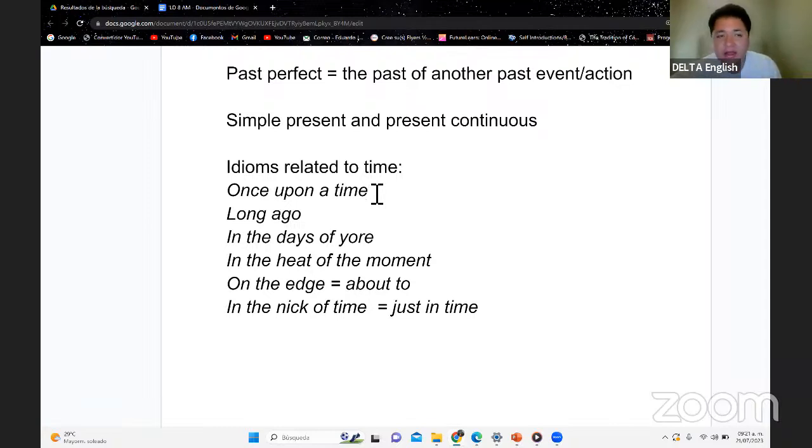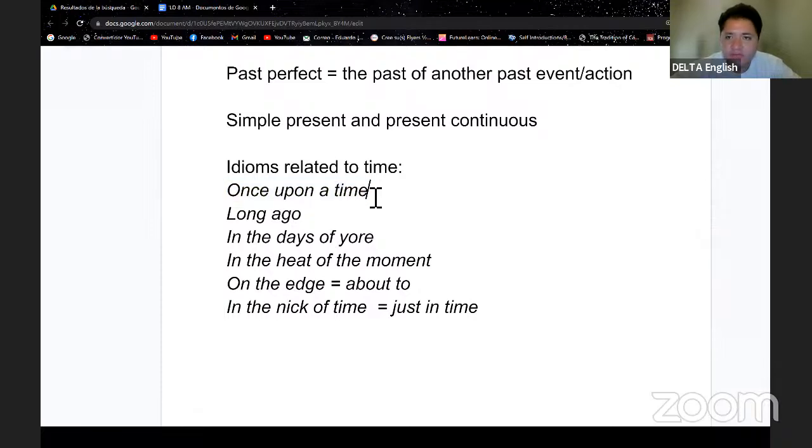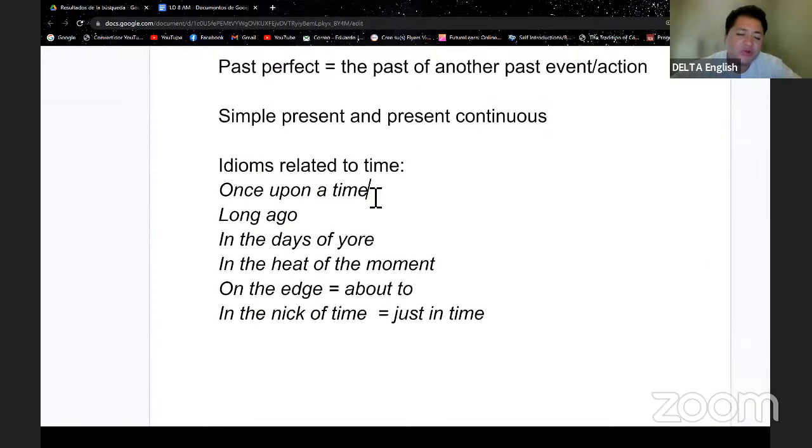Once upon a time, there was a princess that was in love. Yes, so once upon a time, it's like, érase una vez, right? Once upon a time, érase una vez. It is very typical to start a story using once upon a time.